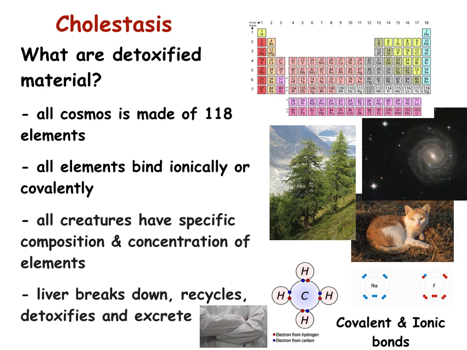And hence, all creatures have specific composition and concentration of elements. The liver has to do the breakdown, recycling, detoxification, and excretion of all elements that we don't need, that would disrupt the composition and concentration of our bodies.